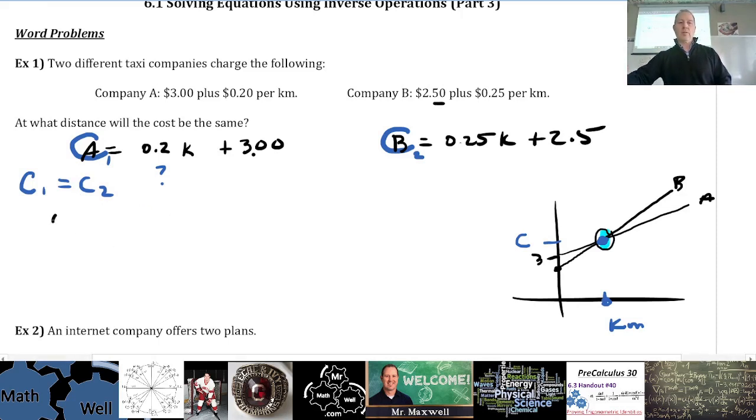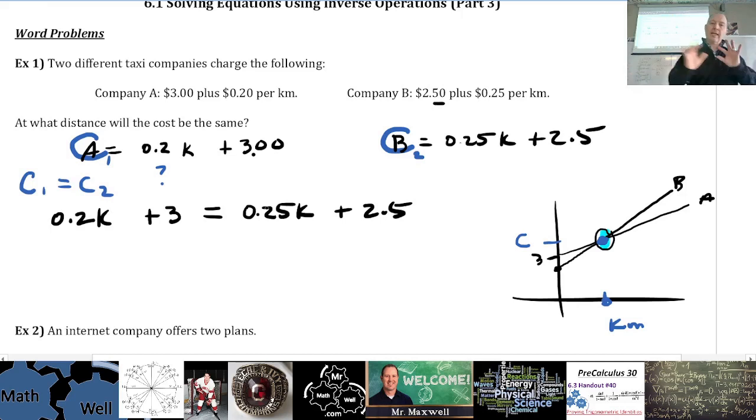So we're going to do 0.2K plus 3, and I won't put the extra zeros there now, just to simplify, equals 0.25K plus 2.5. Whatever K we solve for is going to be the kilometer distance that relates to the identical cost. So we let them equal each other.